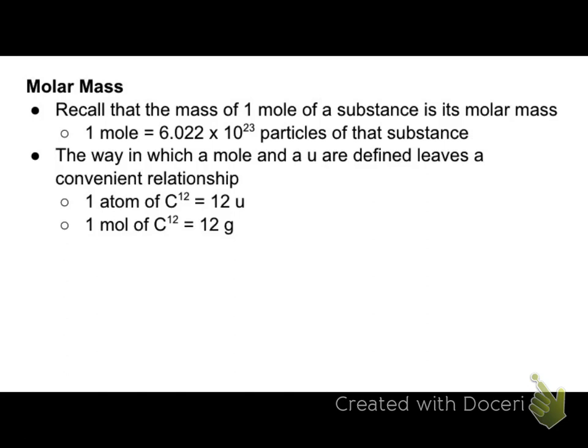So we said that 6.022 times 10 to the 23rd particles of carbon-12 weighs 12 grams. So that many particles is a mole. That's the mass of a mole of carbon-12. All of this information to remind you that this means that 1 gram per mole is equivalent to 1 unified atomic mass unit.